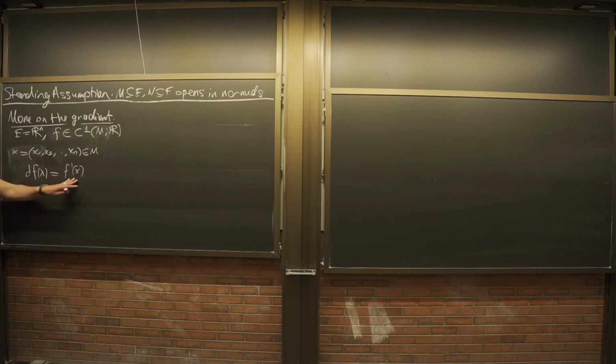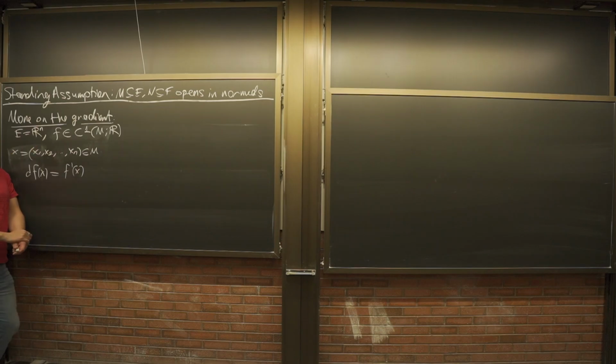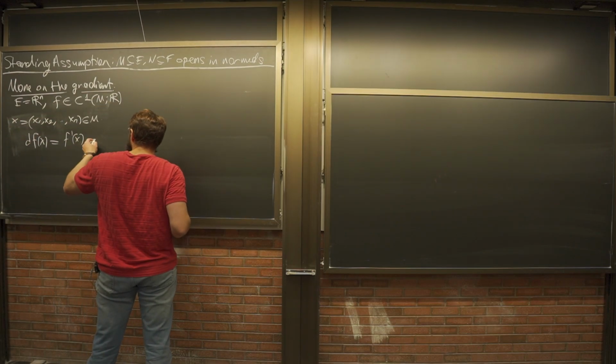Well, this was supposed to be a linear transformation from this space to this space. So if it's supposed to be from Rn to R, it's going to be a 1 by n matrix. So it's going to be a row matrix. And what are the entries? Certainly, it's nothing but the partials. So you have n partials here. You put each of these partials in one of the entries.